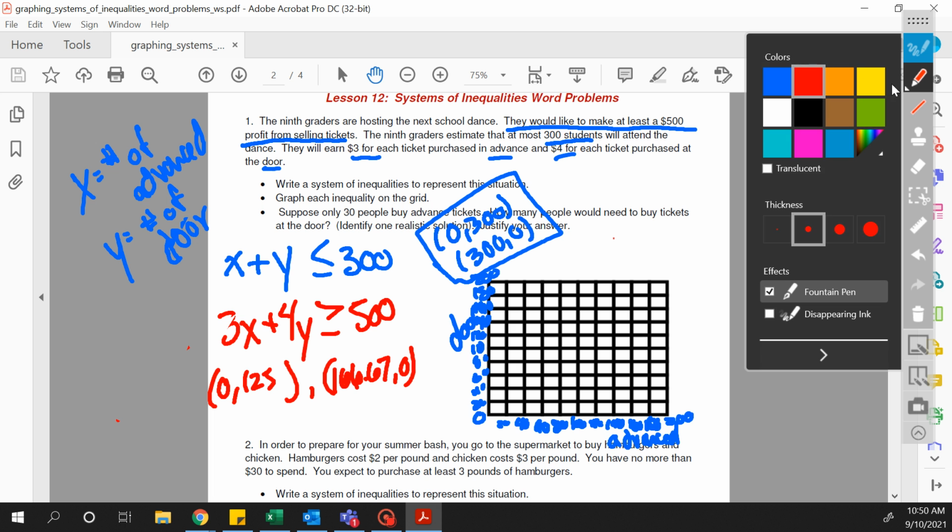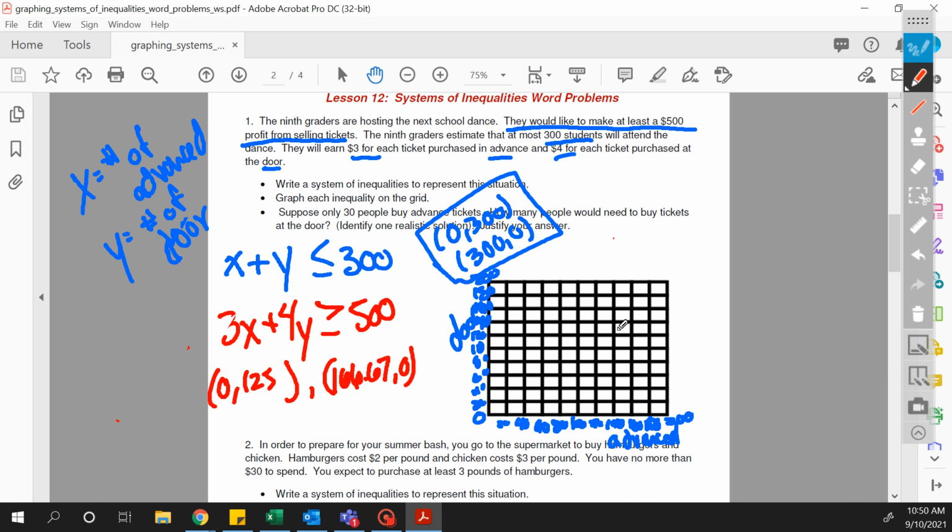Yeah, I know it's hard to see because my graph is kind of small. Okay, so my blue line is going to be at 0, 300, whoops, I guess I should not have gone by 20s because it's supposed to be at 300, so I need to go a little bit more. I guess I'm going to have to go by 50s to get to 300. So let me try this again. I'm going to skip 2 at a time so I don't have to write so much. So 100, 200, 300.